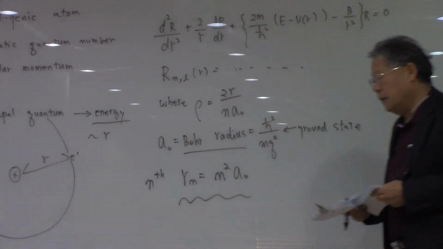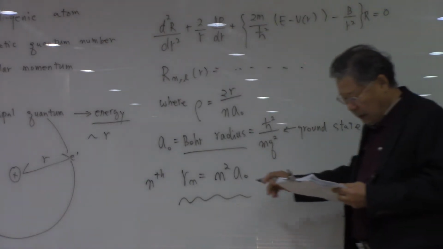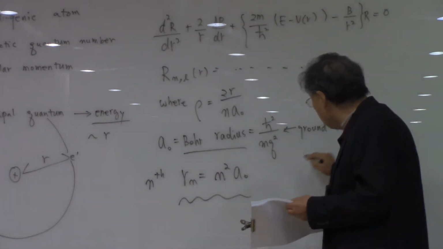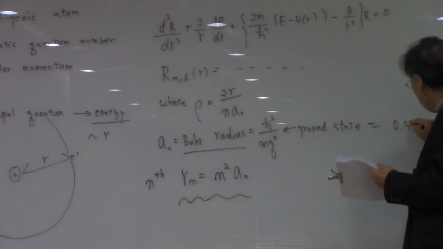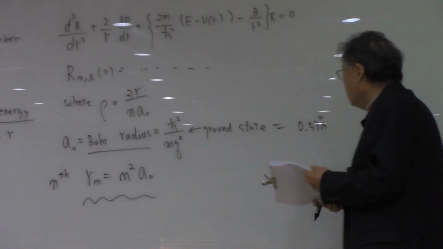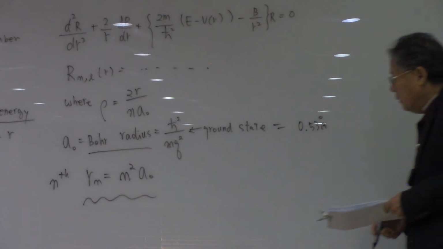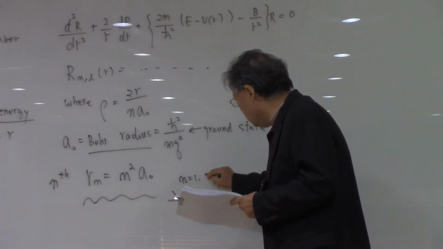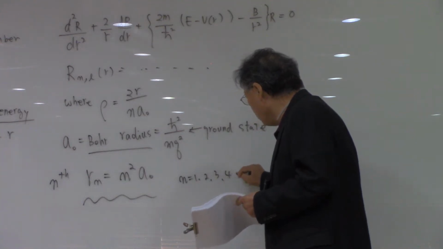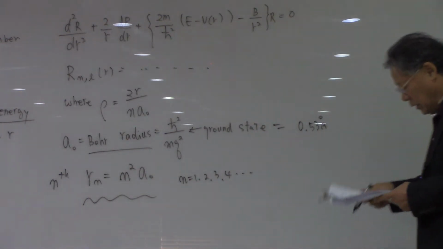Then this a naught is 0.53 angstrom. Of course, here n is 1, 2, 3, 4. That's a digit.